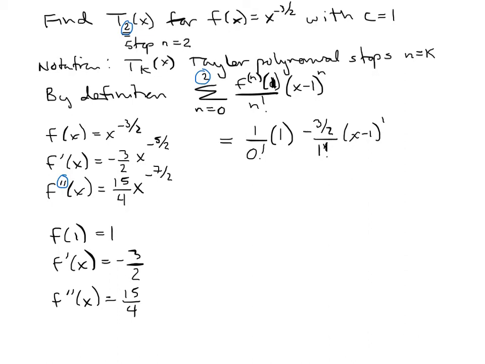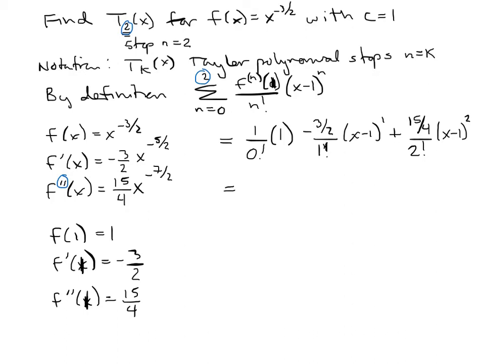Plug in n equals 2. So the second derivative evaluated at 1, sorry, I put x's down, those should be 1s, evaluated at 1 is 15/4. That's now divided by 2 factorial times x minus 1 squared.